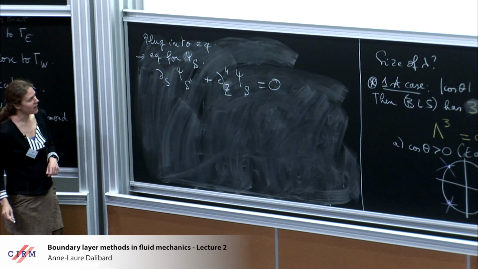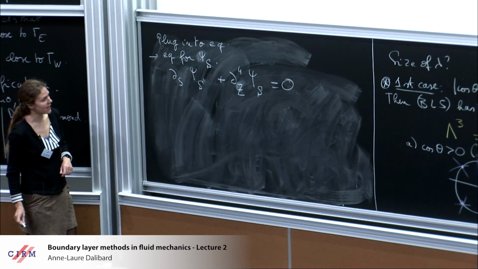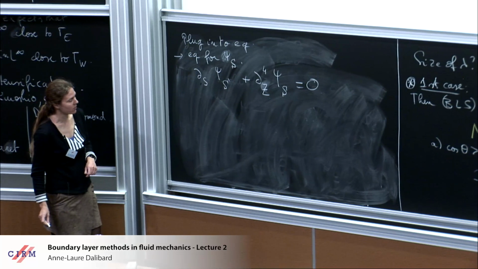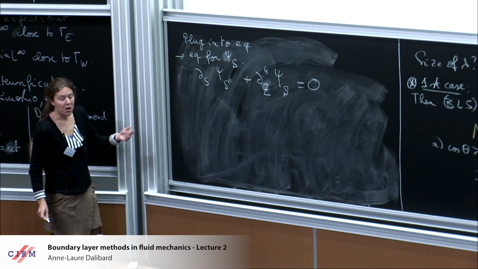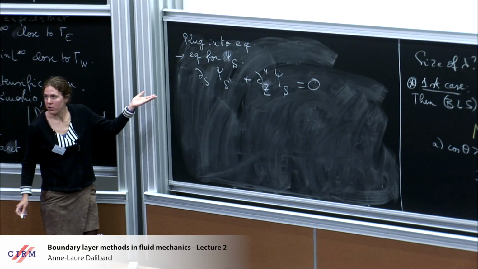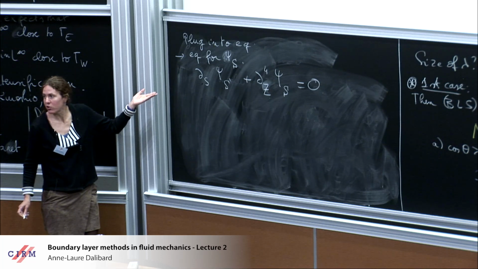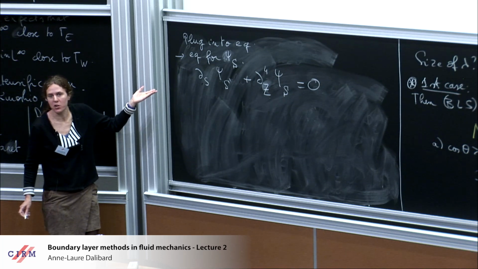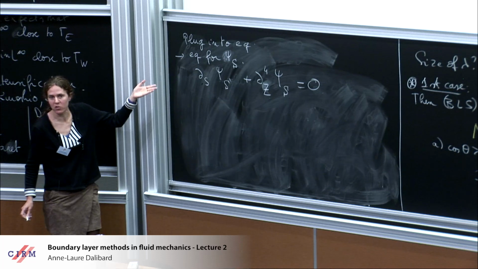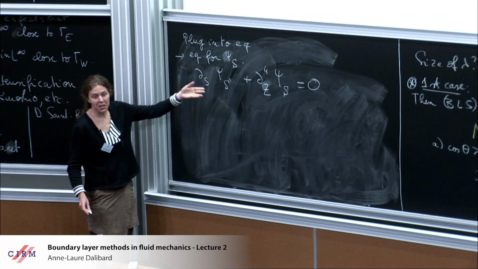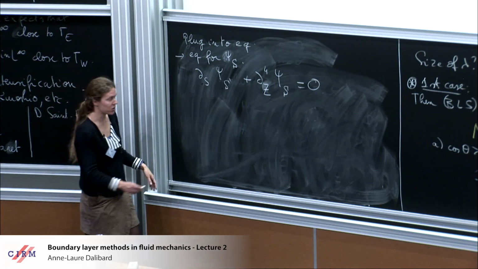So this is my equation for psi s close to the southern boundary. And in fact, it's a perfectly nice equation. It's a diffusion-like equation. You have a bi-Laplacian instead of a Laplacian, but otherwise it's just like the heat equation. You can endow this equation with two boundary conditions.